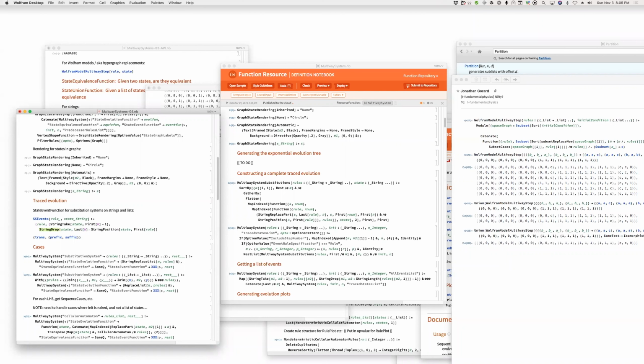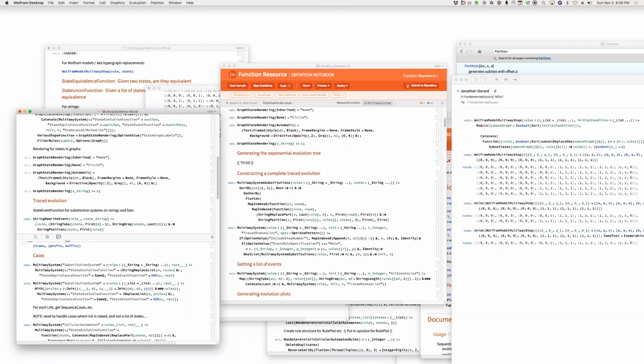No, that's not right. Up to, yes. String drop up to last of hash, right? Okay. So string rewrite event, I claim, is that.